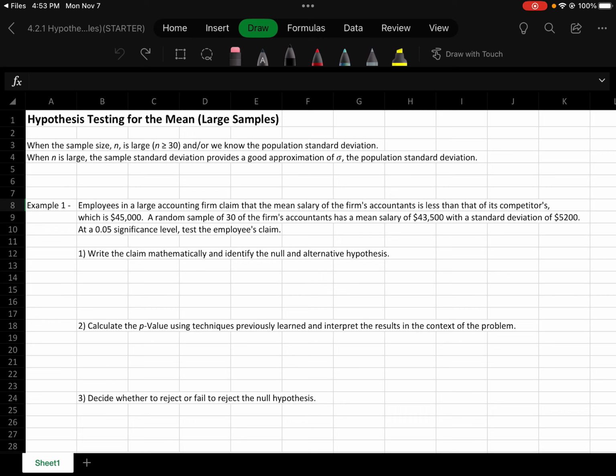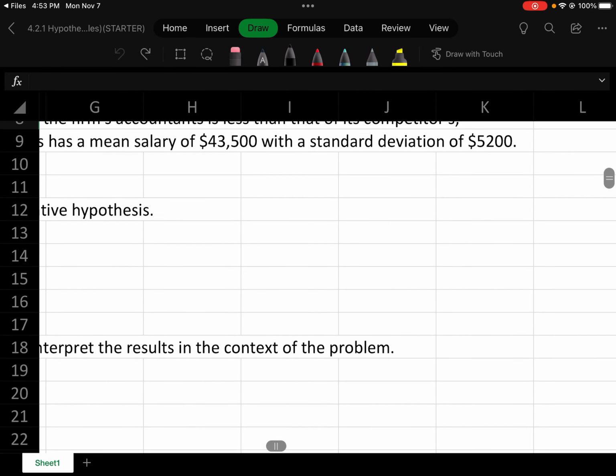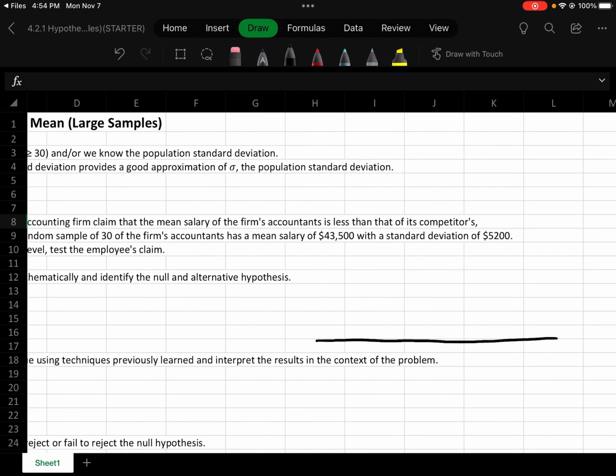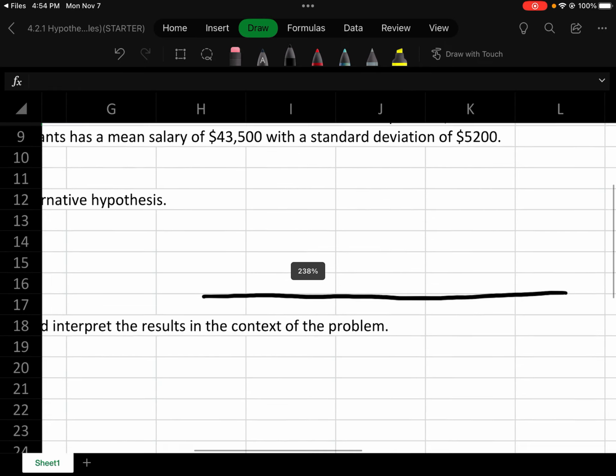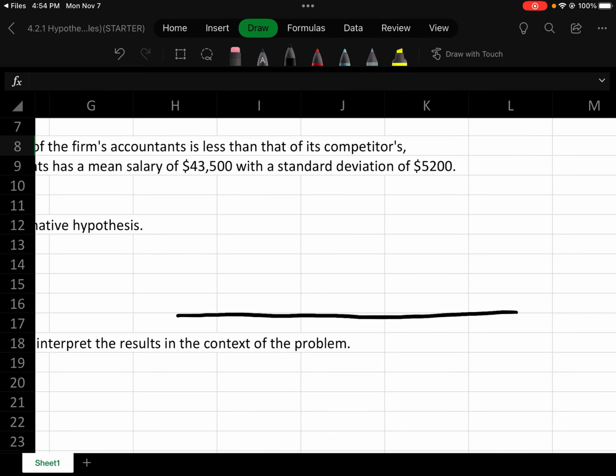Well, first of all, when we think back to what we learned about normal distributions, because the sample size here is 30, that is large enough for us to say, you know what? Regardless of what the population looks like, we think that the sample that we're taking is approximately normal.